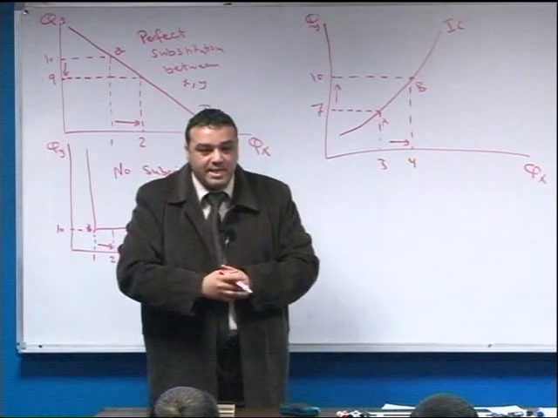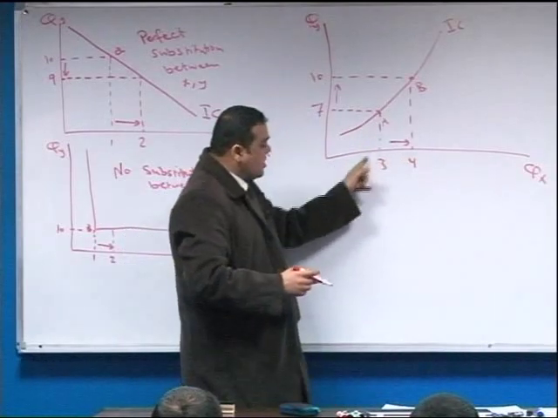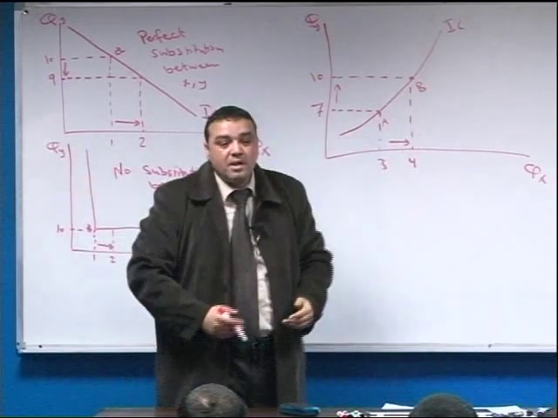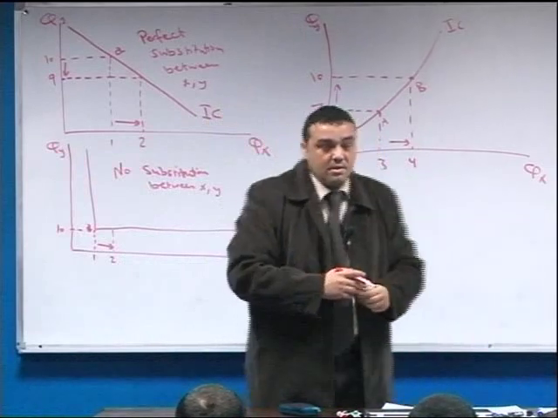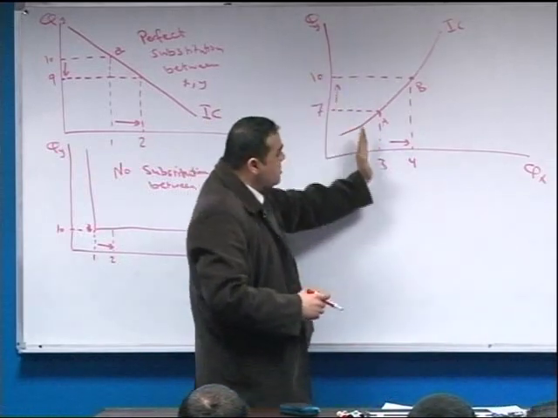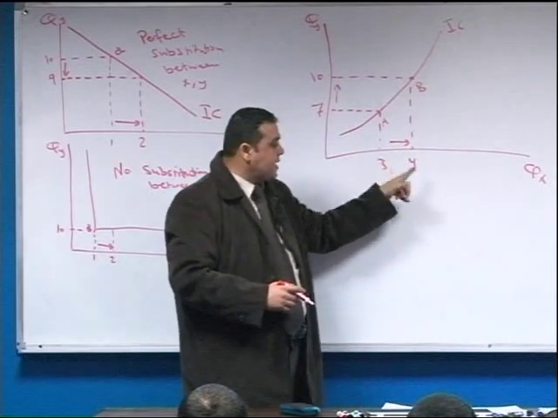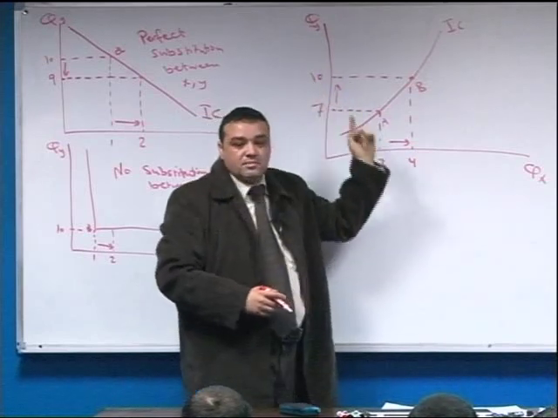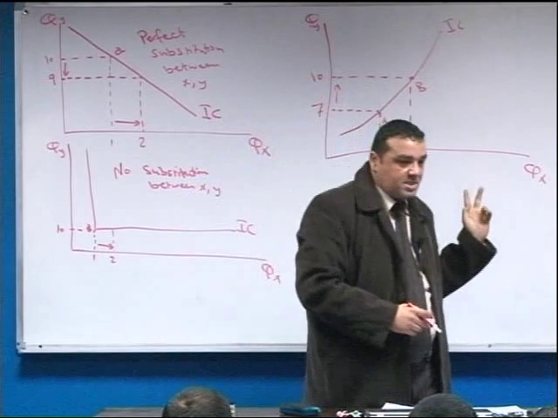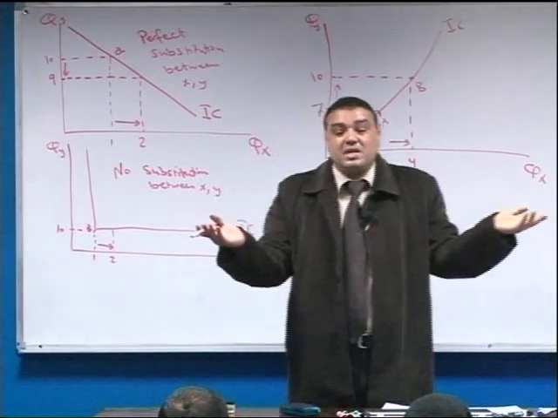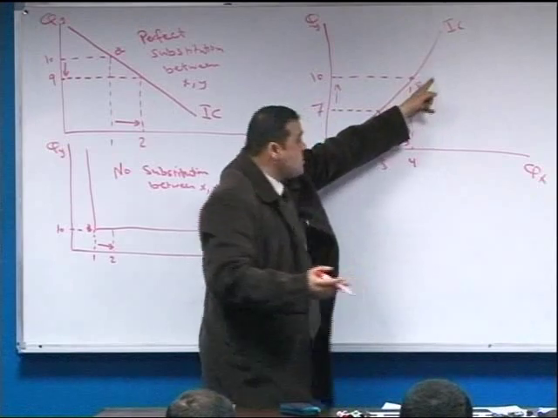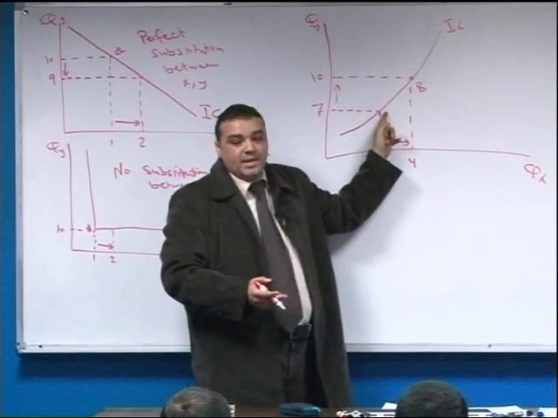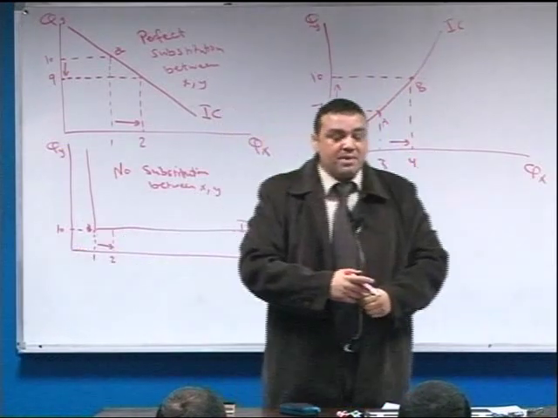B. Excellent, Muhammad. Yes. In this case, if he consumes 3 units of X and 7 units of Y, suppose it gives him 50 utils. When he decided to increase his consumption of X by 1 unit and increase his consumption of Y to 10 units, or by 3 units, the total utility would increase. So the combination B would give the consumer larger utility than A. So it's impossible for this to be an indifference curve.